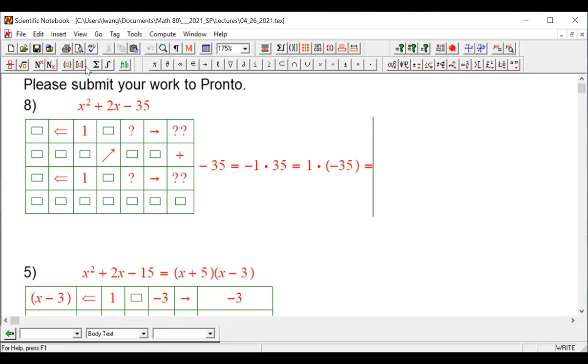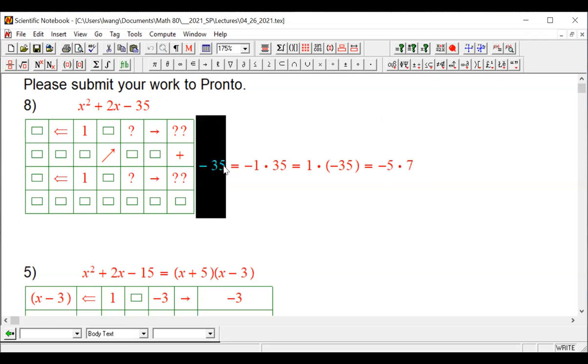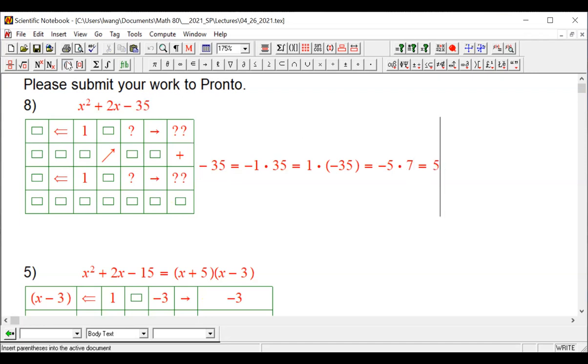It could be 5 times 7, but it could be negative 5 times 7 because we're matching negative 35. Be careful. Negative 35 can also be written as 5 times negative 7. And there could be more for a lot of other questions.